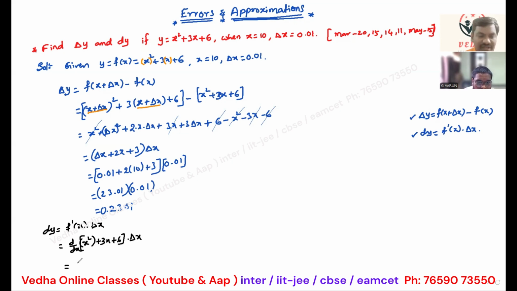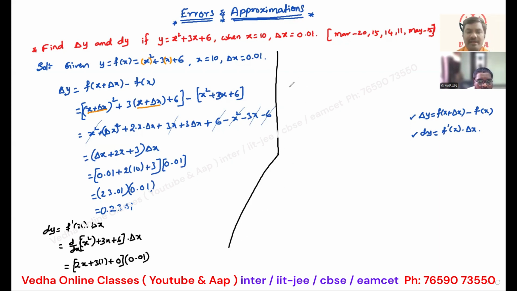The derivative of x square is 2x, plus 3 into the derivative of x is 1, plus the derivative of the constant is 0, into delta x. What is delta x here? 0.01. So dy is equal to 2 into x. What is the x value here? x is equal to 10. 2 into 10 plus 3 ones are 3, into 0.01.